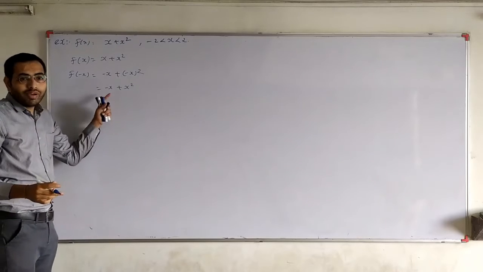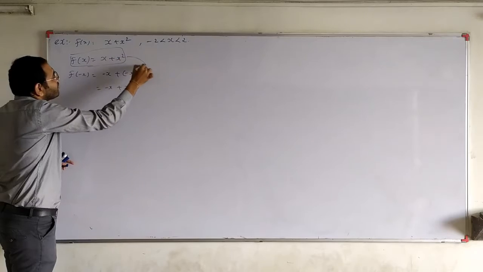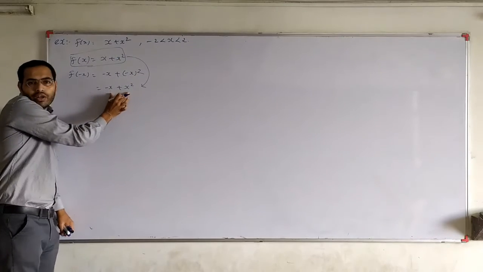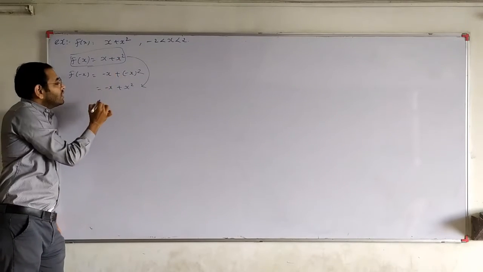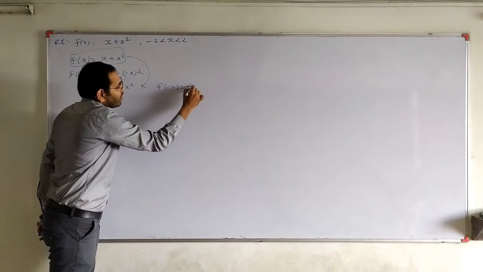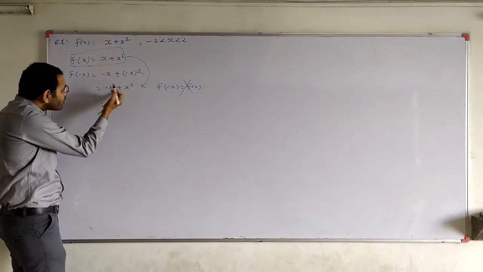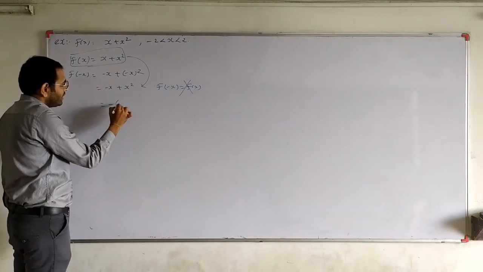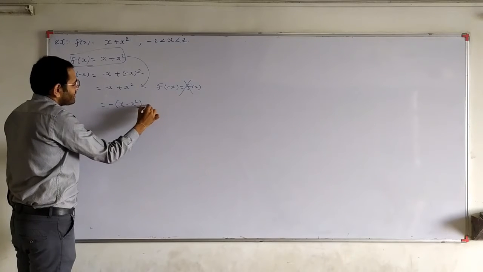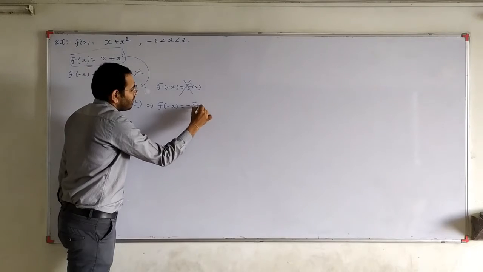We replace x with minus x, then we should get the original function, but here we cannot get the original function. Then here f of minus x equal to f of x, this condition is not satisfied. Suppose we take minus common, then we get x minus x square, then also we cannot get f of x equal to minus f of x.